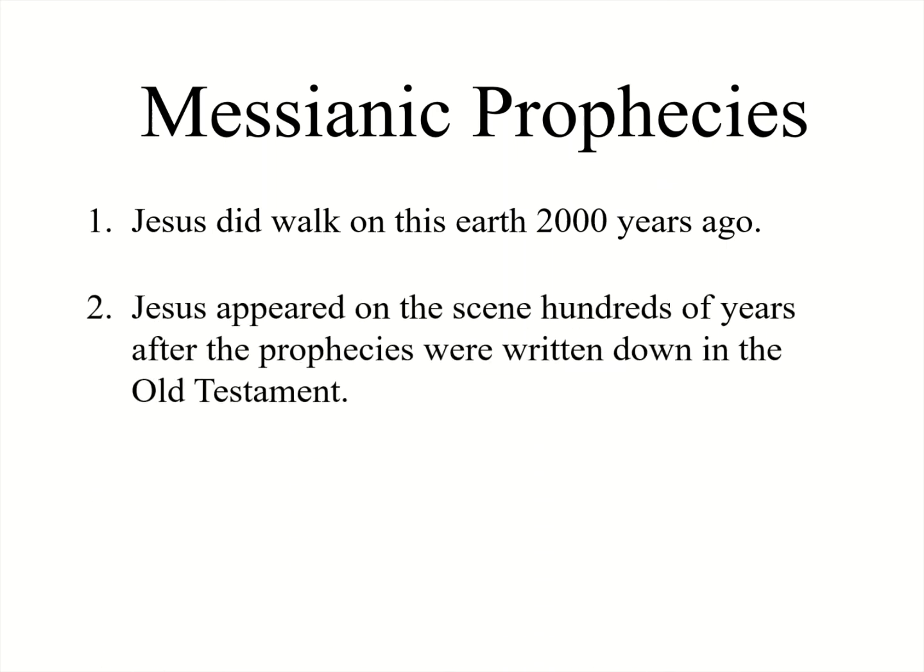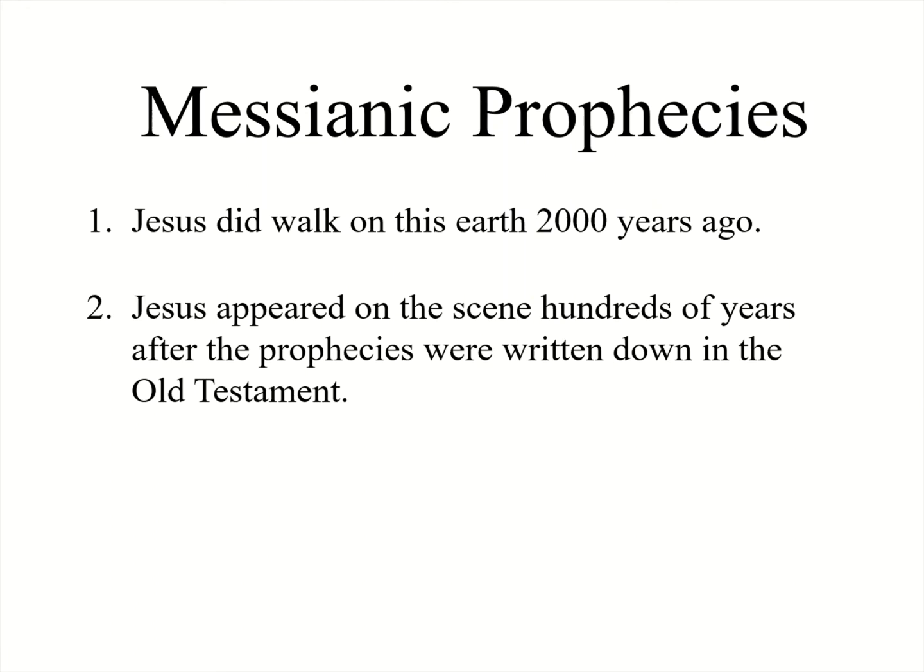Secondly, Jesus appeared on the scene hundreds of years after the prophecies were written down in the Old Testament. And we have the Dead Sea Scrolls, which were discovered in 1946, that kind of verifies that, one of the verifications. They were written down around 200 BC. That was before Jesus came on the scene.